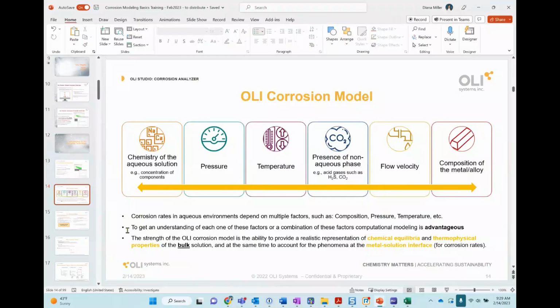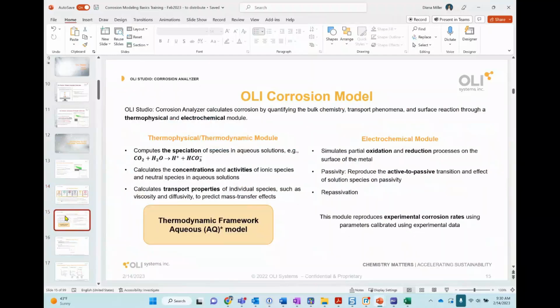Okay, so the chemical equilibrium and the thermophysical properties are taken care of by the stream analyzer for all the bulk solution, but all the metal-solution interface reactions that happen are taken care of by the electrochemical module in this OLI corrosion model. Like I was saying before, the thermophysical properties, speciation, bulk solution, transport properties, etc. are all done here.